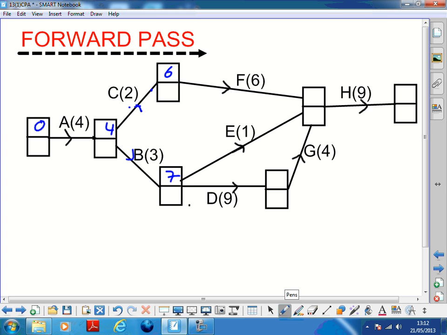So I would put a little scribble there, and then a little scribble here, because it's the event that dictates everything, and then there's one here. You can see that we've still got another 2, for example here, another 2 activities coming out of that event, but they're outputs, not inputs.